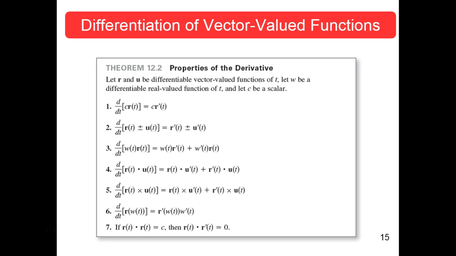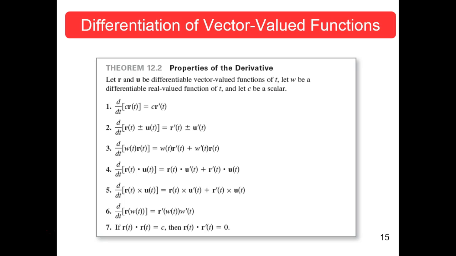So the derivative of a dot product of two vector functions is the first vector function dotted with the derivative of the second vector function. Both of these are vector functions, but when you dot them, you're going to get a scalar. Plus the derivative of the first dotted with the second, and that gives you a scalar. So sure enough, it's the same rule, but your answers are all scalars here.